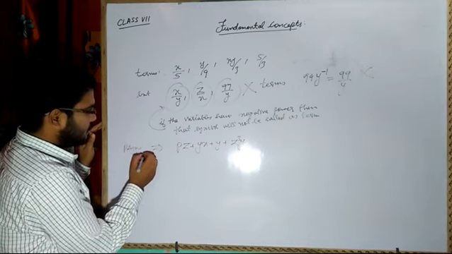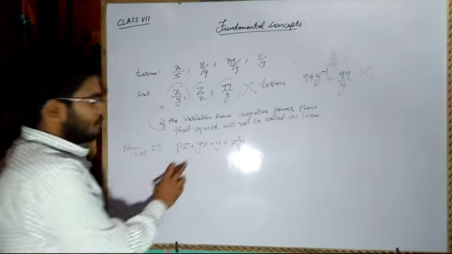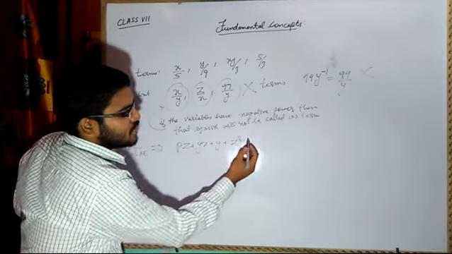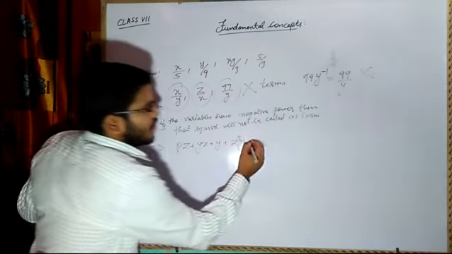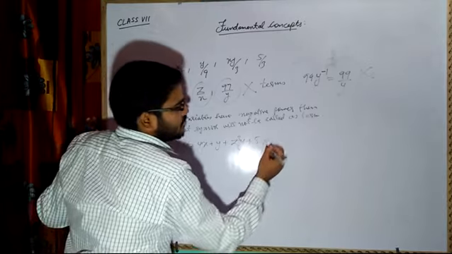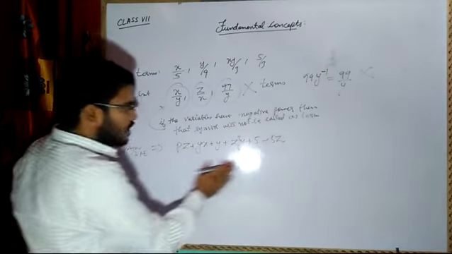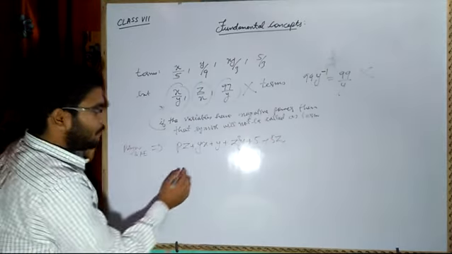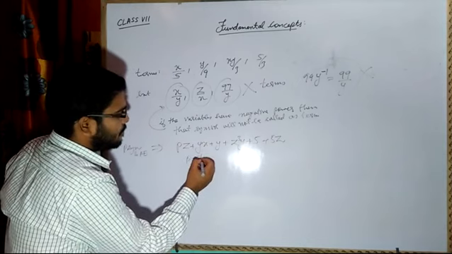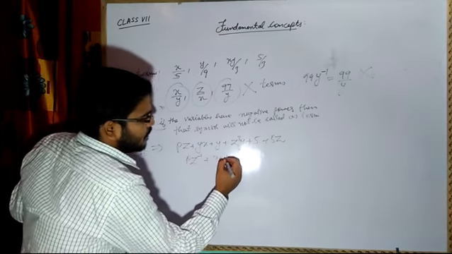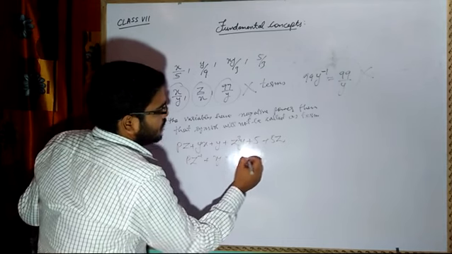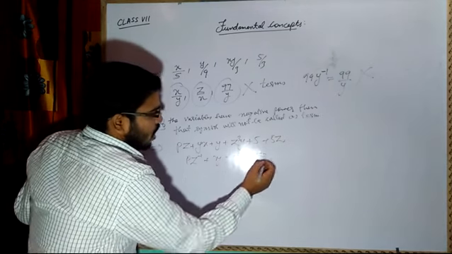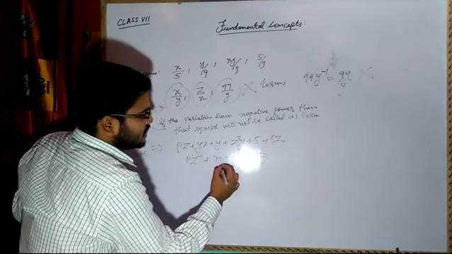Polynomial and algebraic expression are the same thing, because here all are terms, there are no negative powers of variables. If I add 5z also, then also it will be called a polynomial. But if I write pz power minus 1 plus xy plus z cube y or 5z, like this is a term, this is a term, this is a term, right?